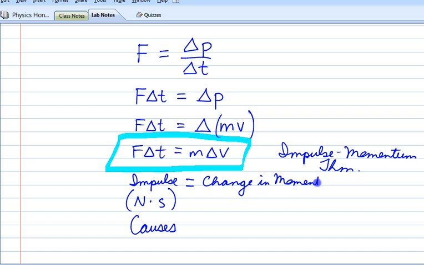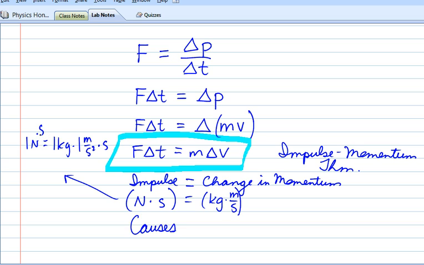and this has units, it appears, of kilograms times meters per second. But as it turns out, a newton is actually 1 kilogram times 1 meter per second squared. So when you take that and multiply it by seconds to get newtons times seconds, you actually end up with kilograms times meters per second.